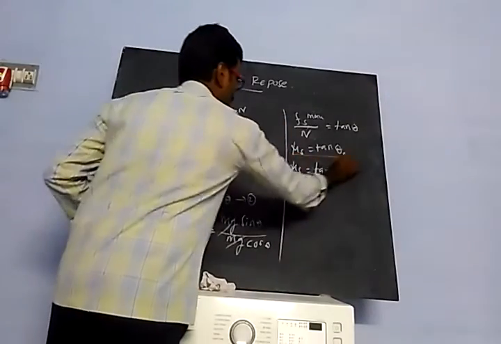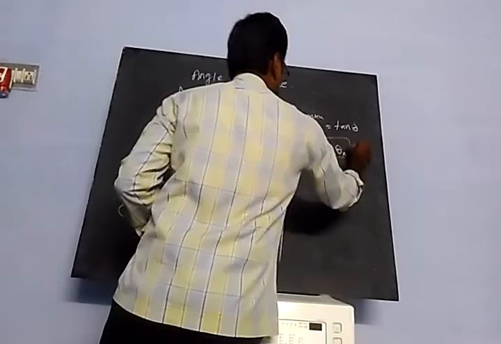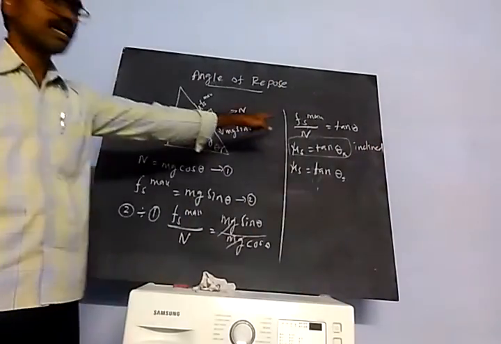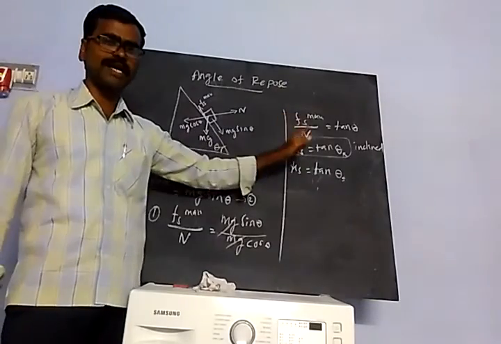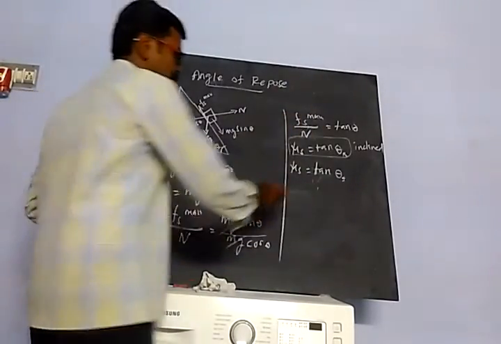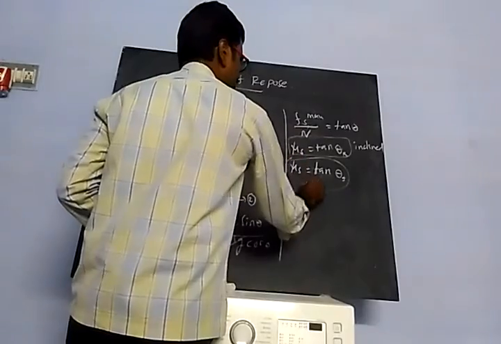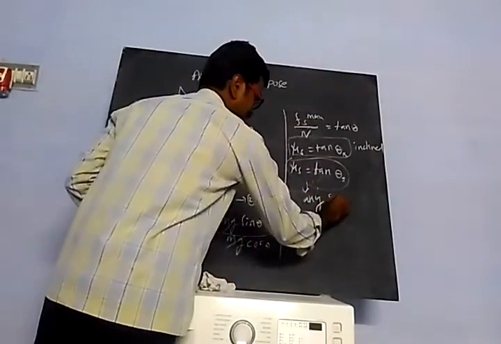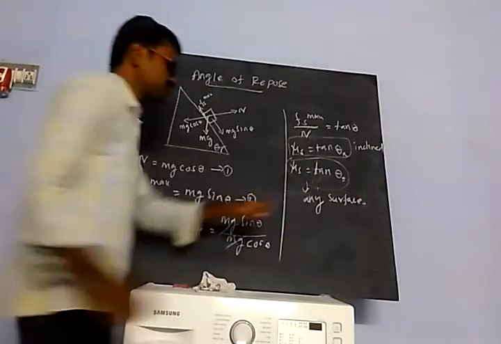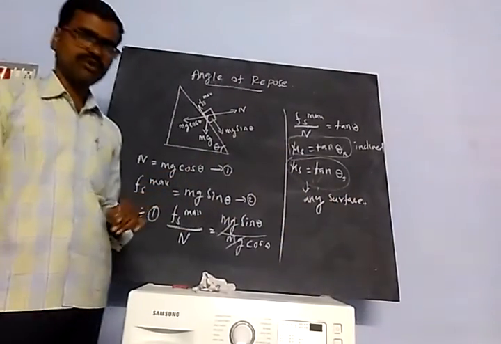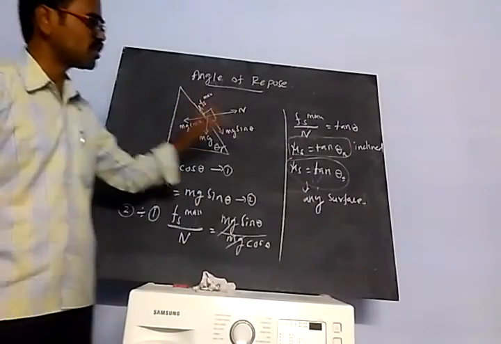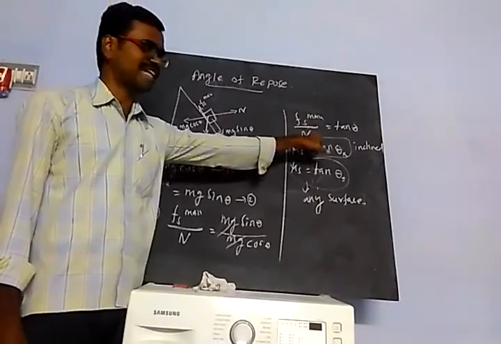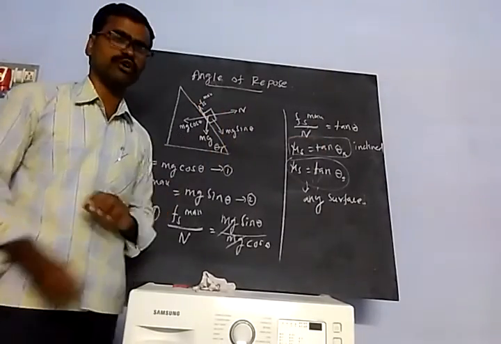The angle of repose is only applicable on an inclined surface, but the angle of friction is applicable on any surface. So for the angle of repose, the coefficient of static friction is equal to the tangent of the angle of repose.